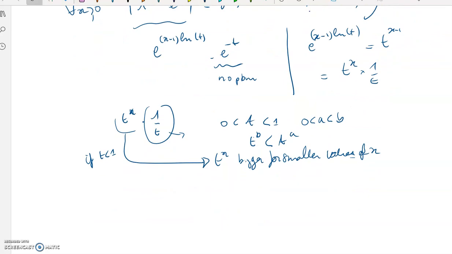It's 0. But if I put x equal to 0, which is just outside of our domain of convergence for the integral, my inner function in a neighborhood of 0 is going to be equivalent to 1 over t, and more than that, it's also going to be smaller than 1 over t.